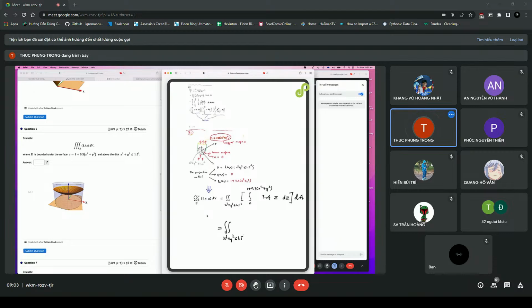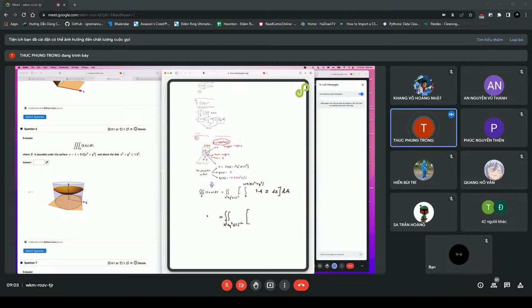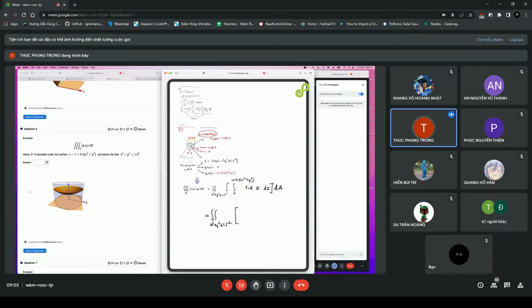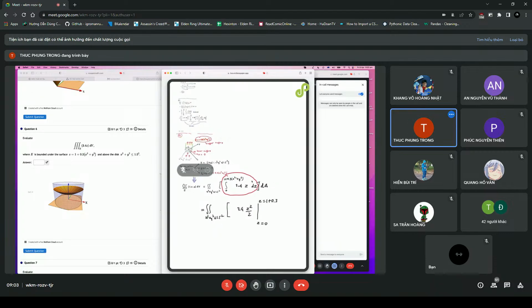So I just rewrite this and don't do anything now, but I focus on the inside right here. So I focus on this one, and you can see an antiderivative of this one is this, and then we have dA outside, right?